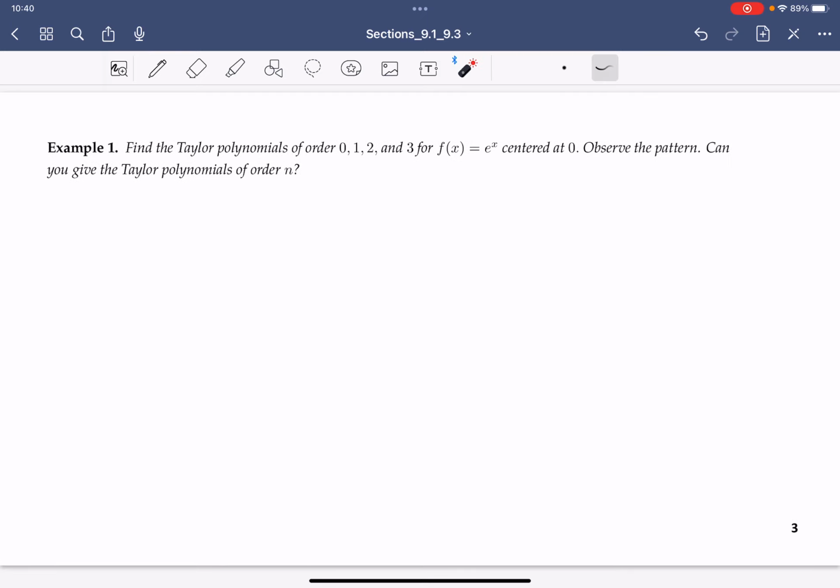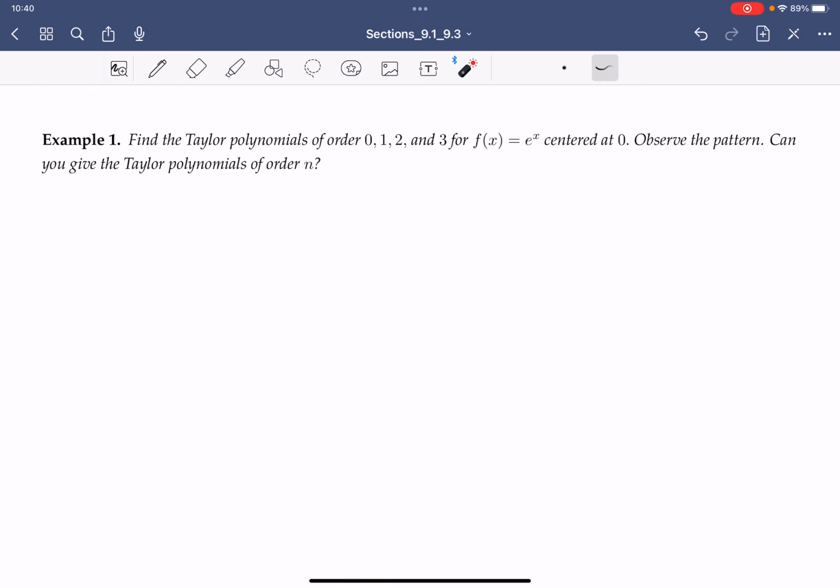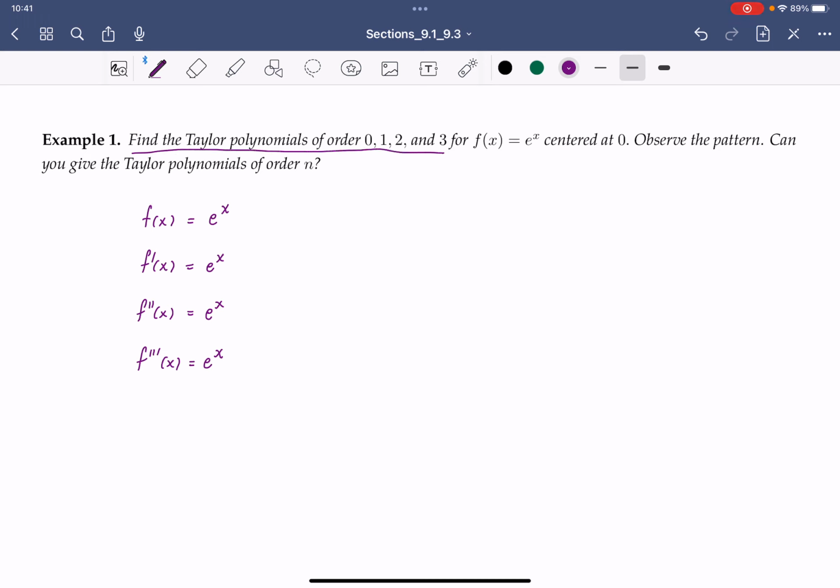As we tried last time, we have f(x) equal to e to the x. Let's redo it again. You differentiate 1 time, 2 times, 3 times, and you get the same thing, e to the x. For this question, we want to find the Taylor polynomial of degree 0, degree 1, degree 2, and degree 3.